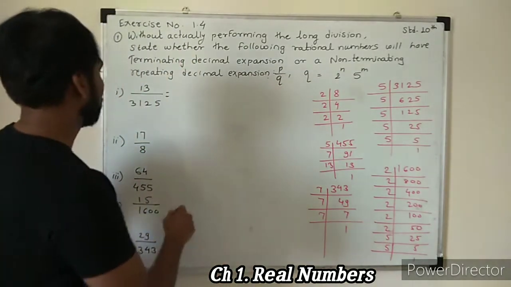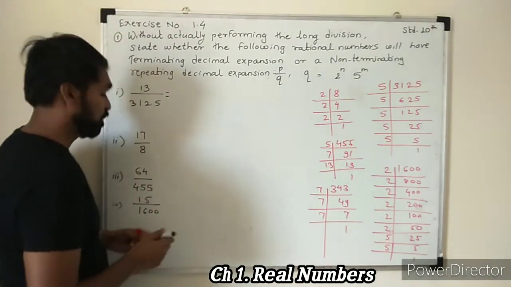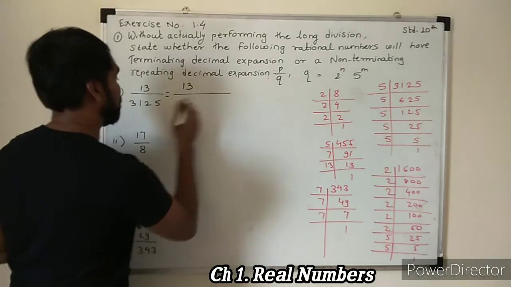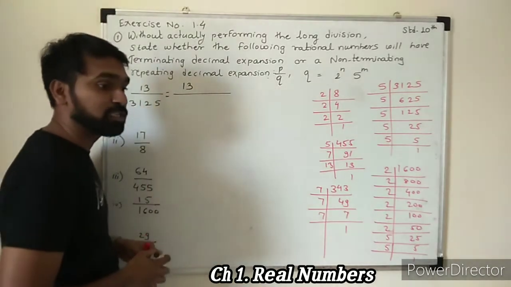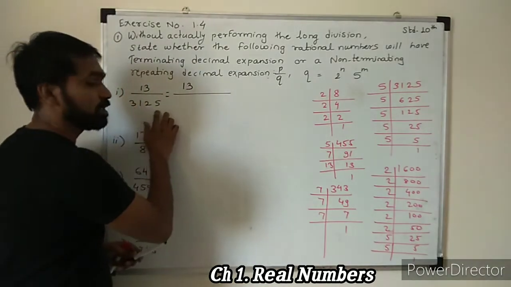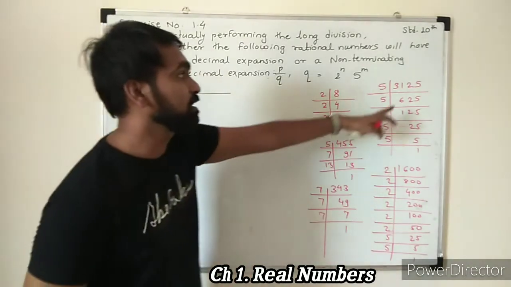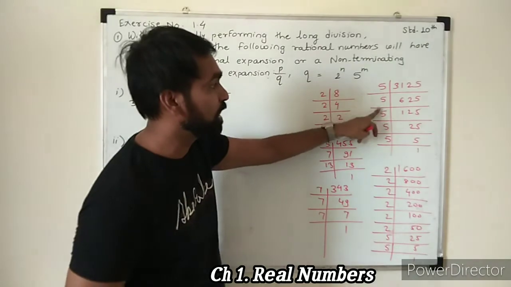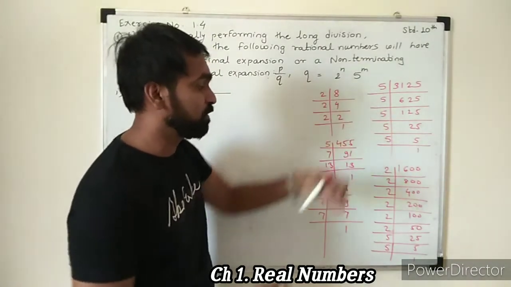See the example 13 upon 3125. 13 is a prime number, right? Now first you find the factors of 3125. Here the factors are 5, 5, 5, 5, 5. How many times 5?